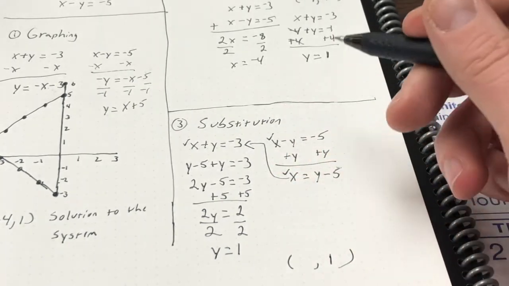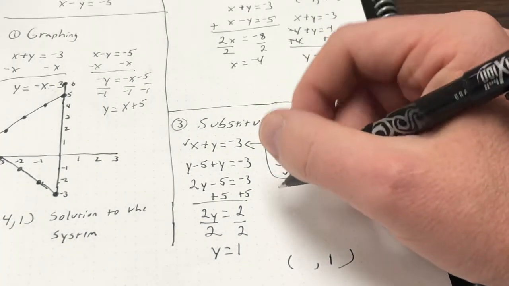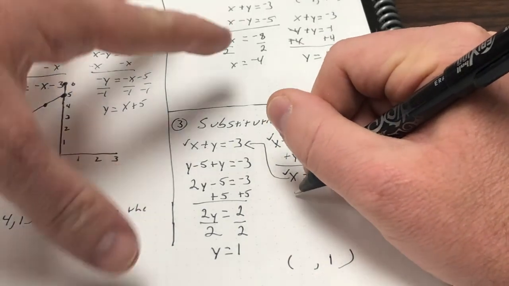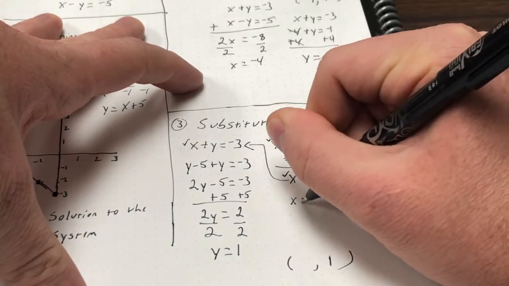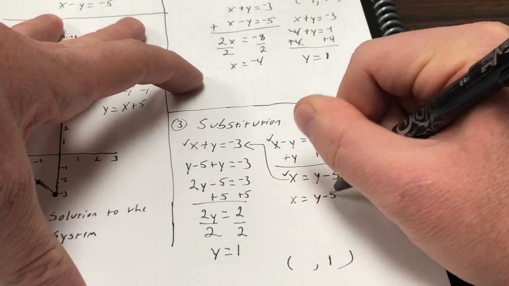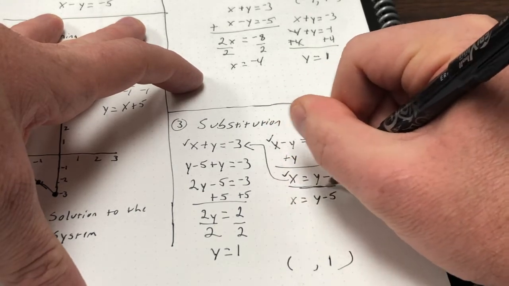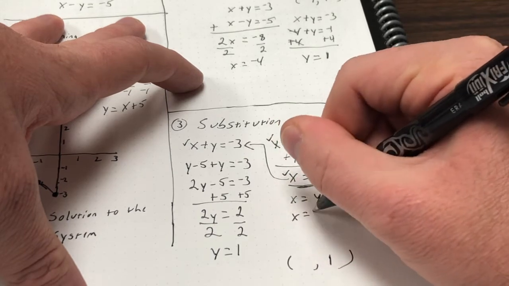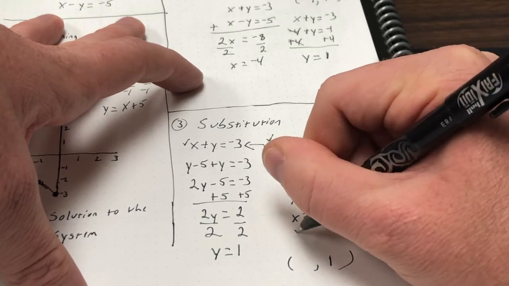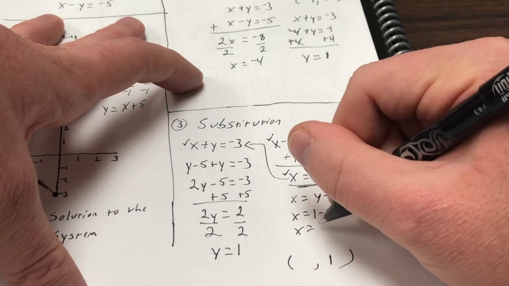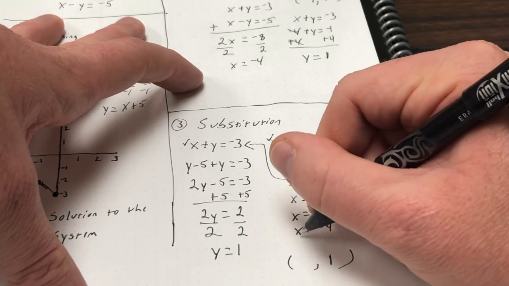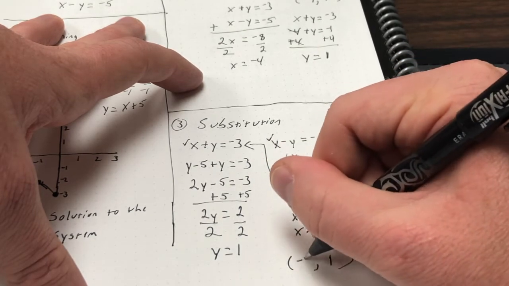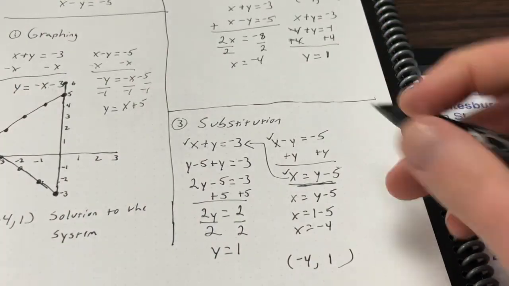Up here, I would have maybe a 1 or 2 step equation to work. So I'm going to take my x equals y minus 5. I'm taking this equation, and I'm going to put 1 in for y. When you do 1 minus 5, you get a negative 4. So you're left with x equals negative 4, and you're back to the same solution.